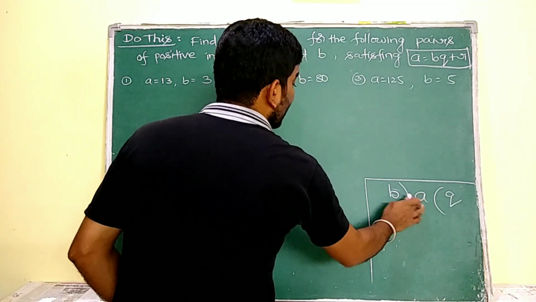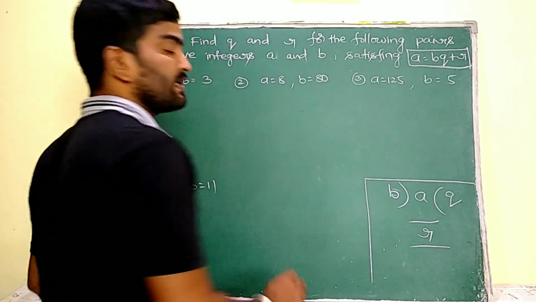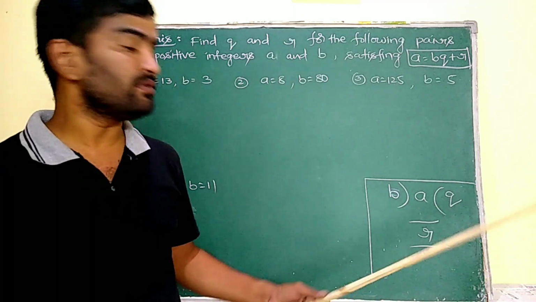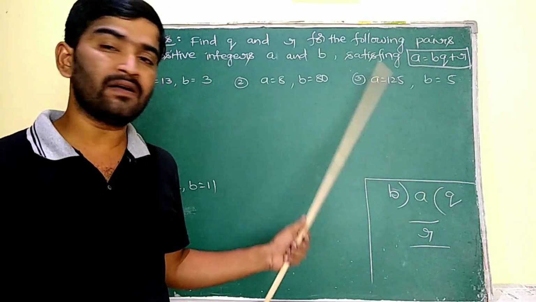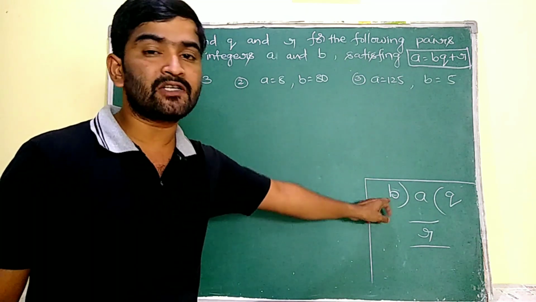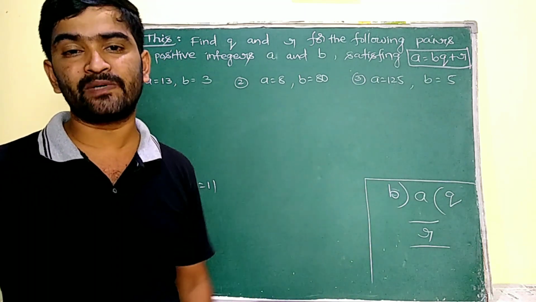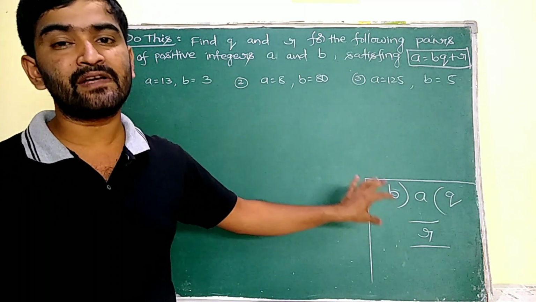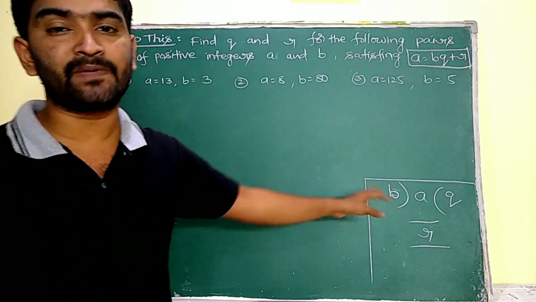We have to divide a with b and write the quotient as q and remainder as r. Now we have to assume this standard form till we complete the entire real numbers chapter. Here b is said to be the divisor, q is said to be the quotient, r is said to be the remainder and a is said to be the dividend. In this way we have to assume the given values. That means I have to divide a with b.